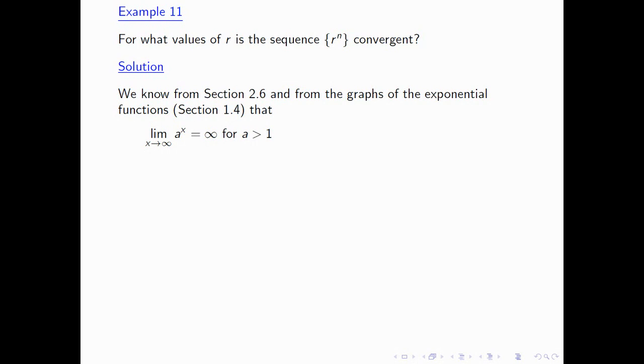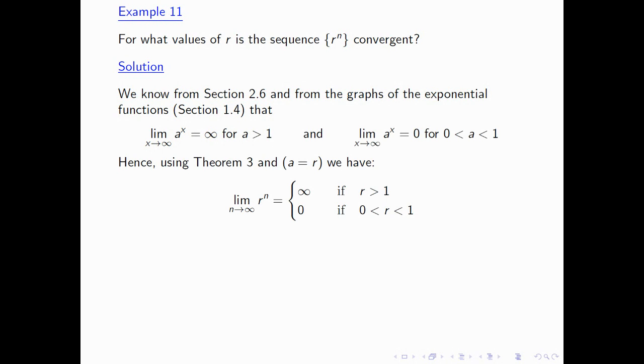So we know that the limit as x goes to infinity of a to the x is infinity if a is greater than 1. And the limit as x goes to infinity of a to the x is 0 whenever the base is in between 0 and 1. It's material that we covered in the 1A module last year.